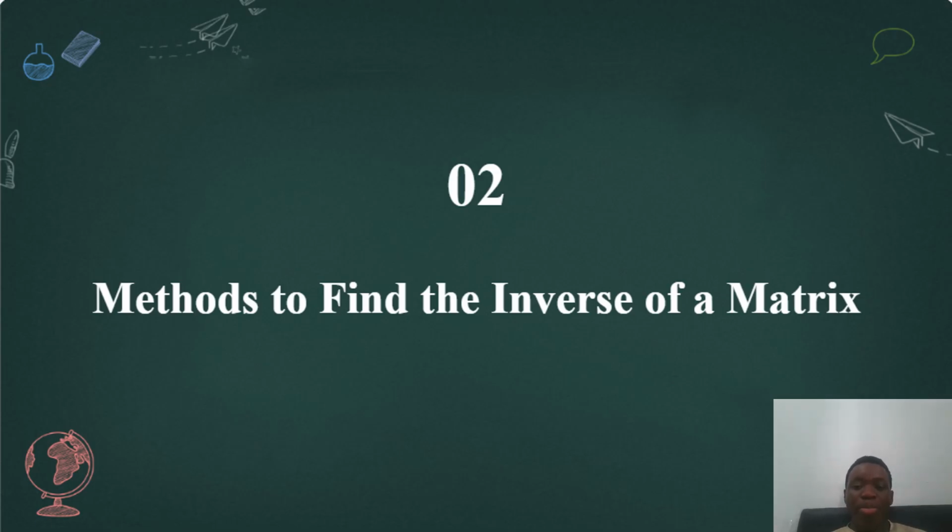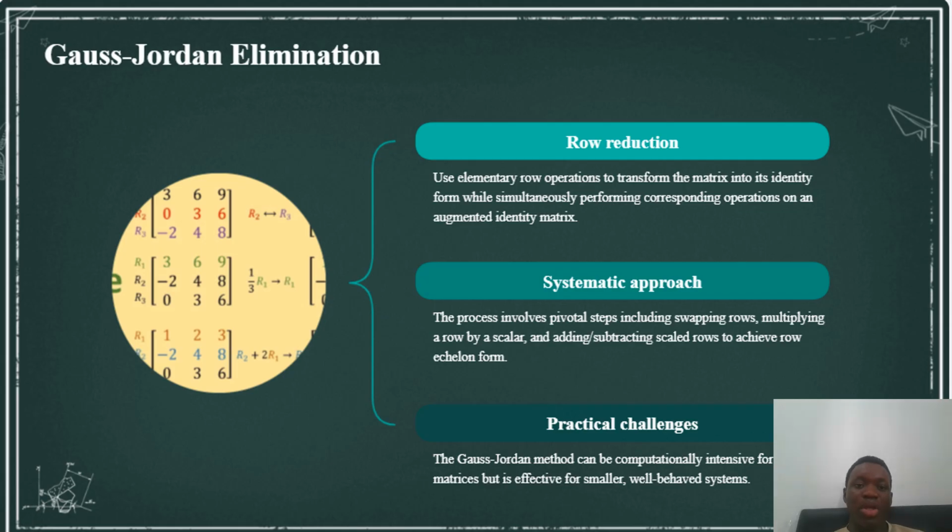Then unit 2, methods to find the inverse of a matrix. The first method is what we call the Gauss-Jordan method. The Gauss-Jordan method is a method whereby the rows are reduced and then you switch the rows.